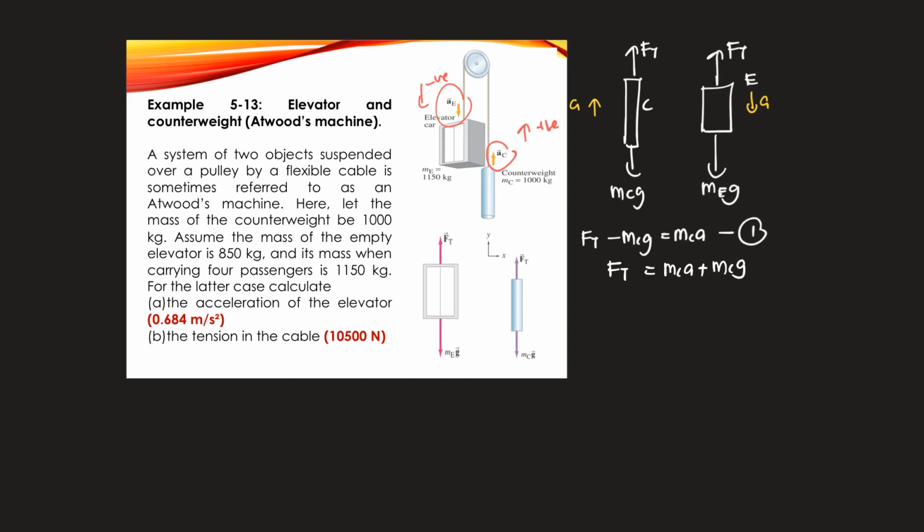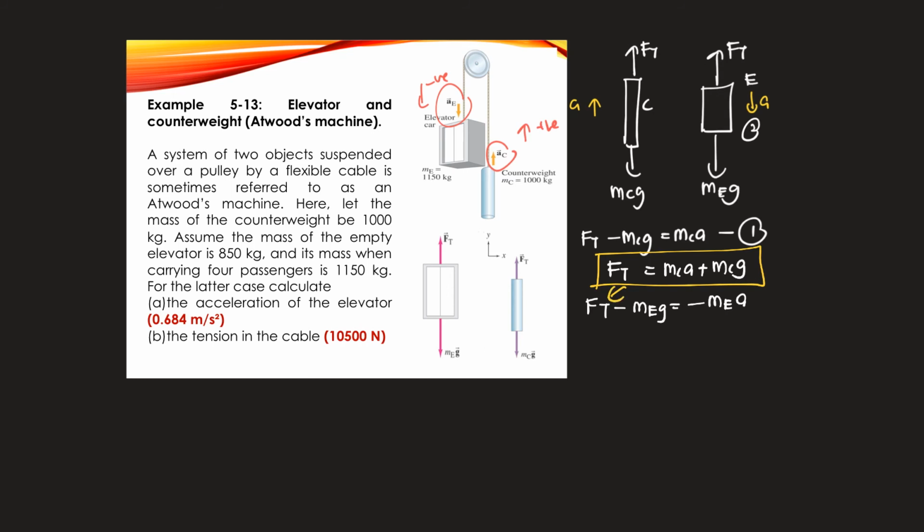For the second one, which is the elevator, the equation is going to be FT minus MEG equals negative MEA, because I assume upward acceleration is positive and downward acceleration is negative. So I'm going to substitute FT equals MCA plus MCG into this equation.